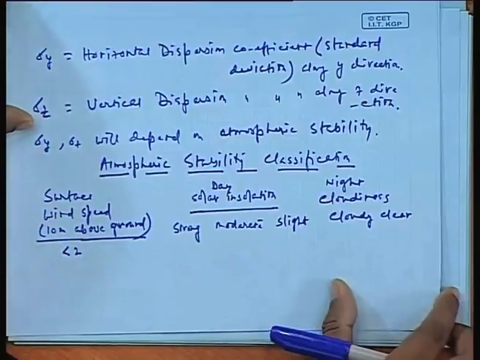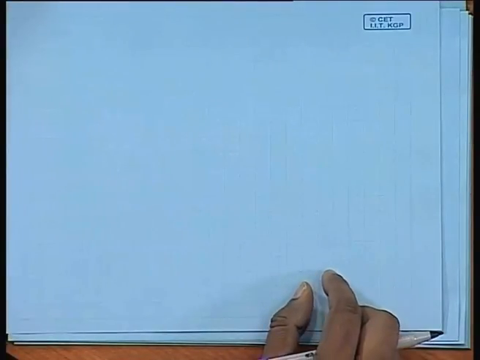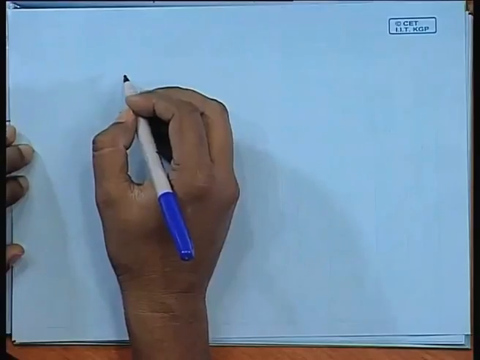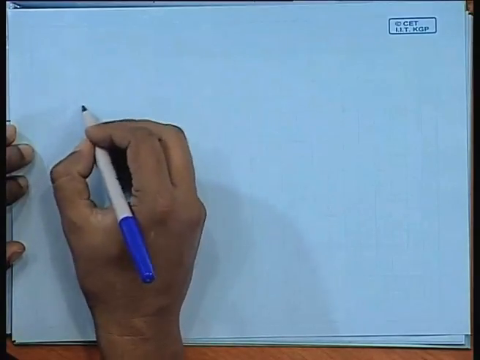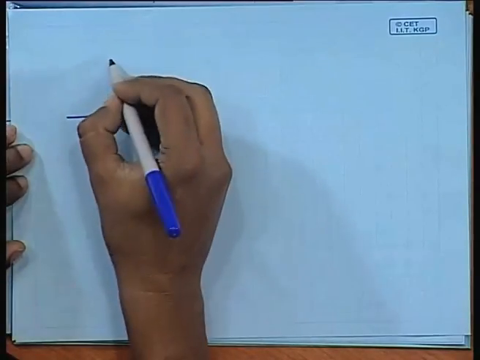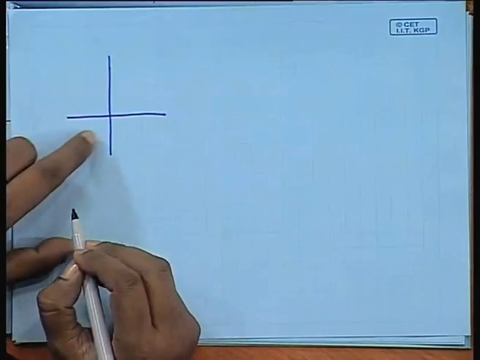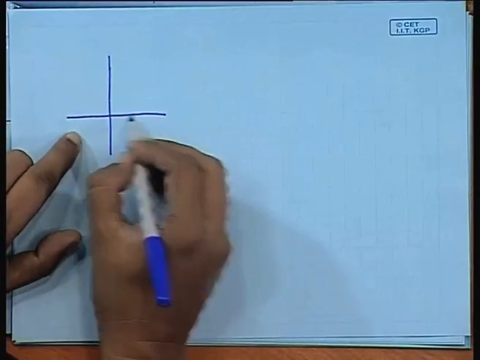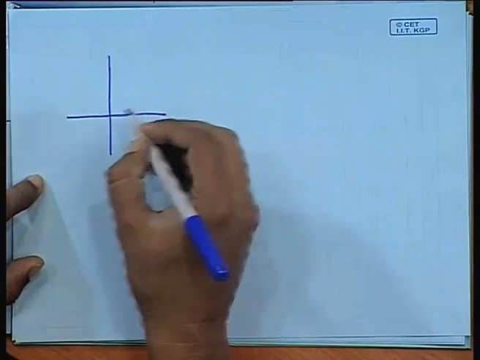Okay, let me explain what is day solar insolation. I'll again come back to this. This day solar insolation is a particular time of the day at a particular point where we are going to measure the dispersion.